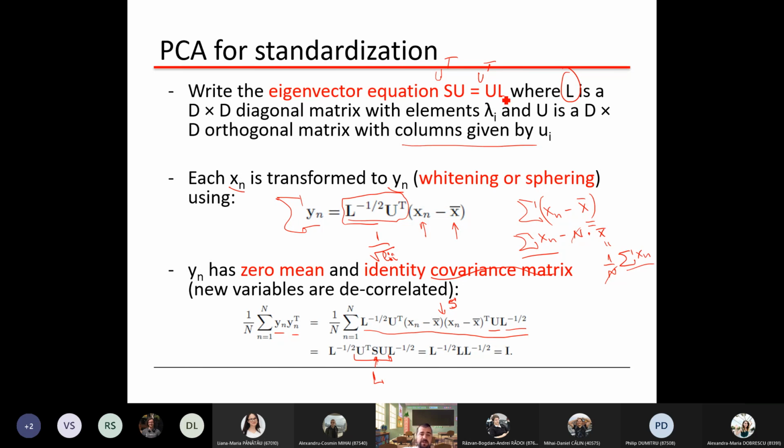So it's the identity matrix multiplied by L. So this is why U transposed multiplied by S multiplied by U equals L. And now we have L to the minus half multiplied by L multiplied by L to the minus half. And this is the identity matrix, because again, it's a diagonal matrix and we can do the computation. Do you have any questions?